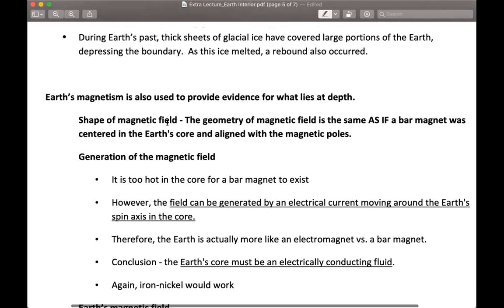Okay, so some glacial ice can also cause this type of rebound, isostatic rebound, because in the polar regions now we have ice caps. Once the global temperature increases, these ice caps get melted, and what happens?